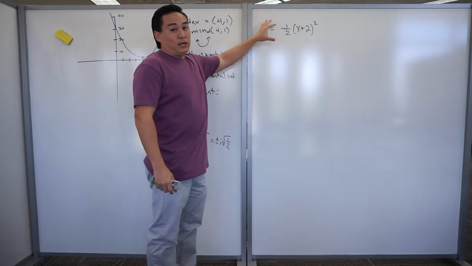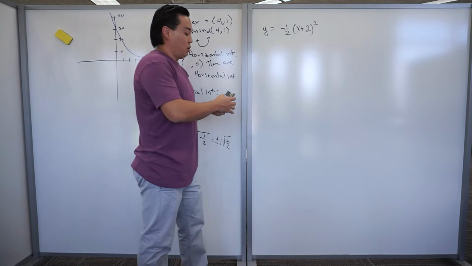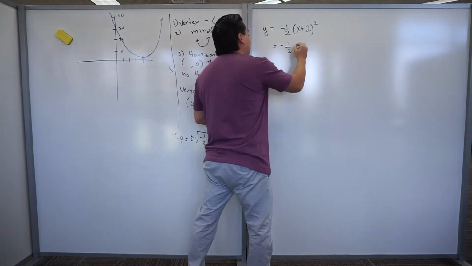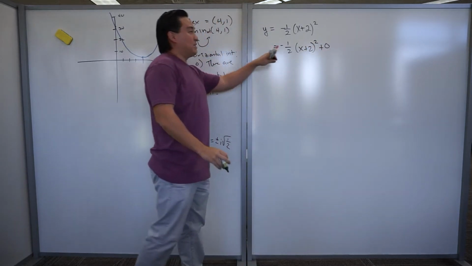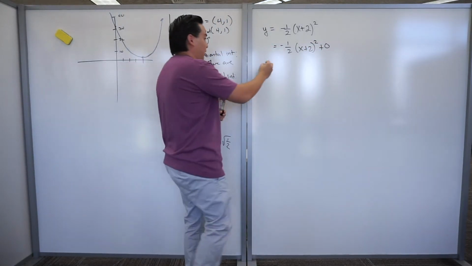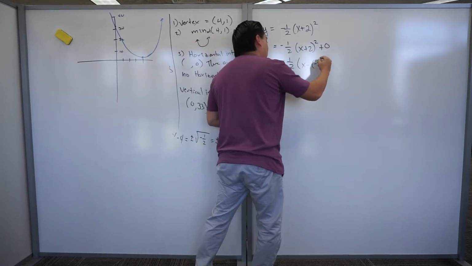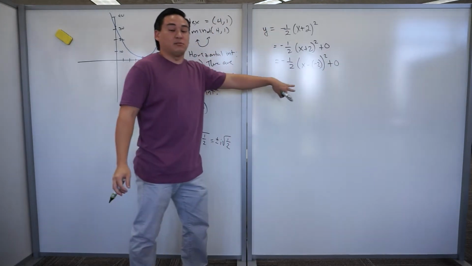Notice that this is already in the form of the h and k. So here, what I'm going to do is I'm going to rewrite this. So we can see that h is going to be -2 and k is going to be 0.